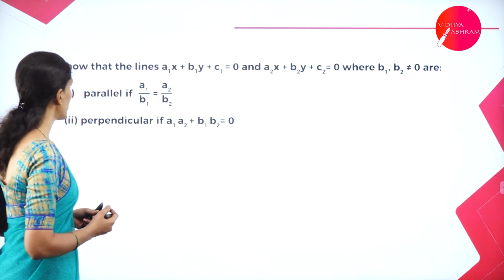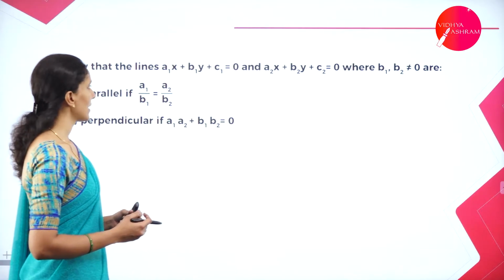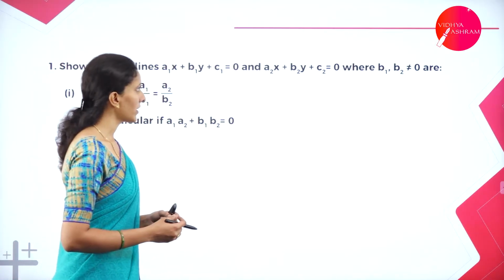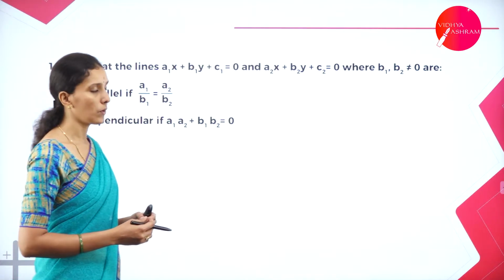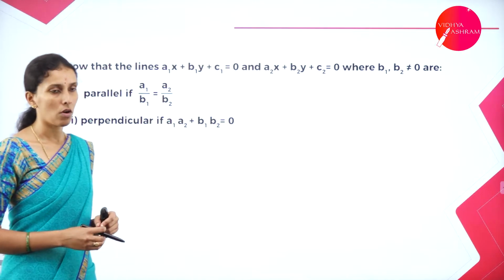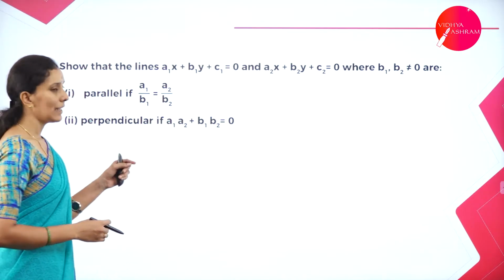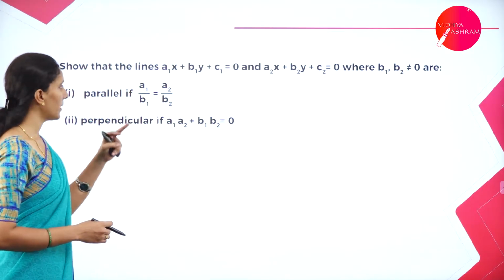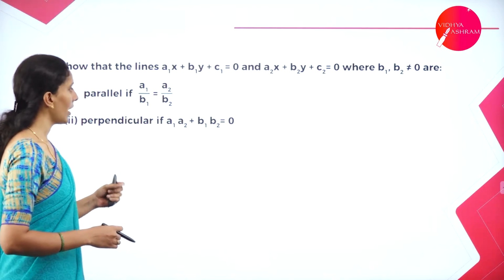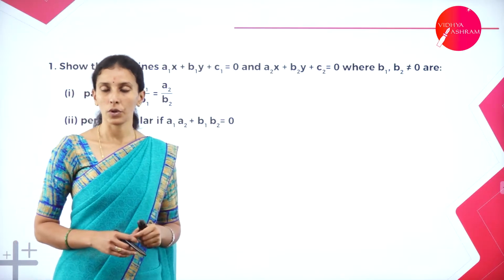The first question is, show that the lines a1x plus b1y plus c1 is equal to 0 and a2x plus b2y plus c2 is equal to 0, where b1 and b2 are non-zero constants, are parallel if a1 by b1 is equal to a2 by b2, and perpendicular if a1 a2 plus b1 b2 is equal to 0.